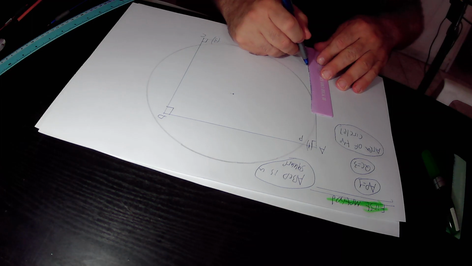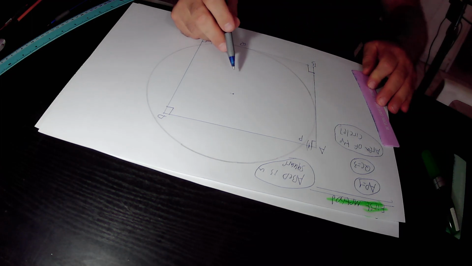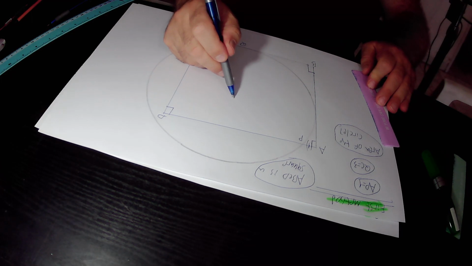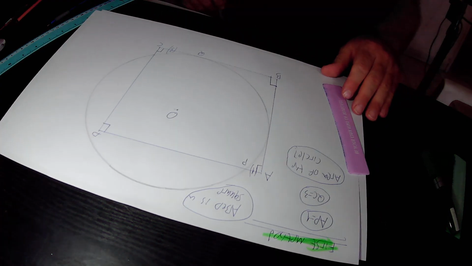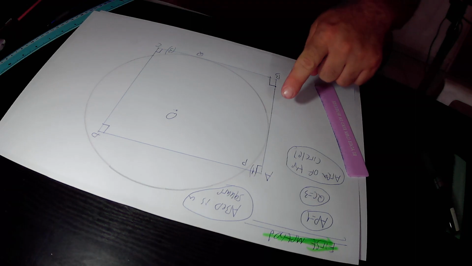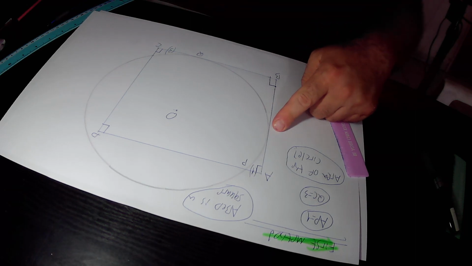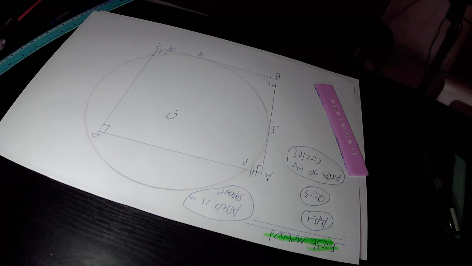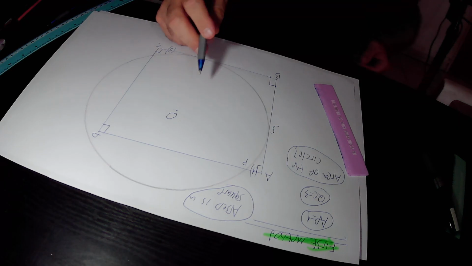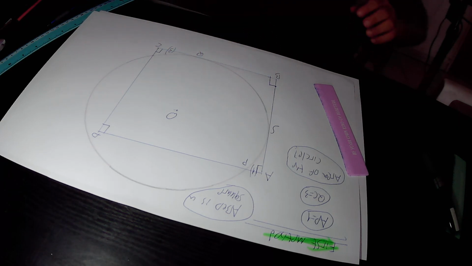In the next step, we find the center of this circle. This point is point O. And we find the point of tangency of tangent AB with this circle. This point is point S. So here we join points O and S together by a straight line.